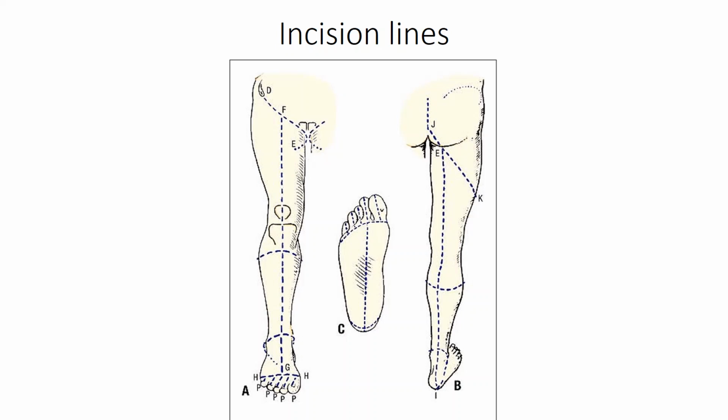The second incision is given just below the knee, about 1 inch below the medial and lateral condyle of the tibia, joining these two. Then a third incision is done joining the midpoints of these. This is how a flap is prepared, and these flaps are raised laterally as well as medially.